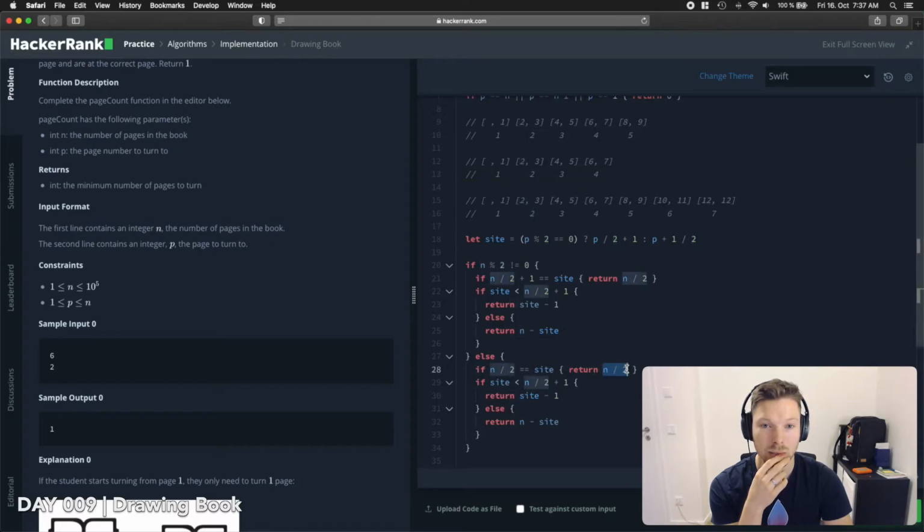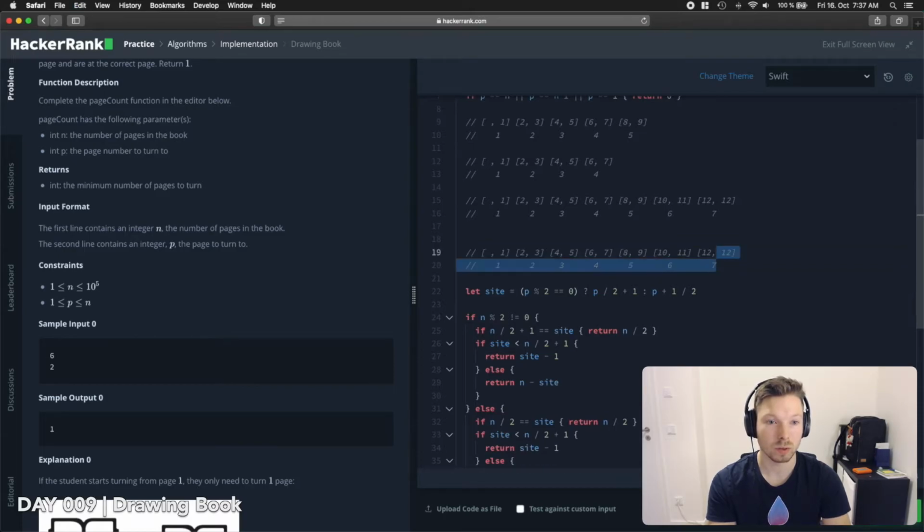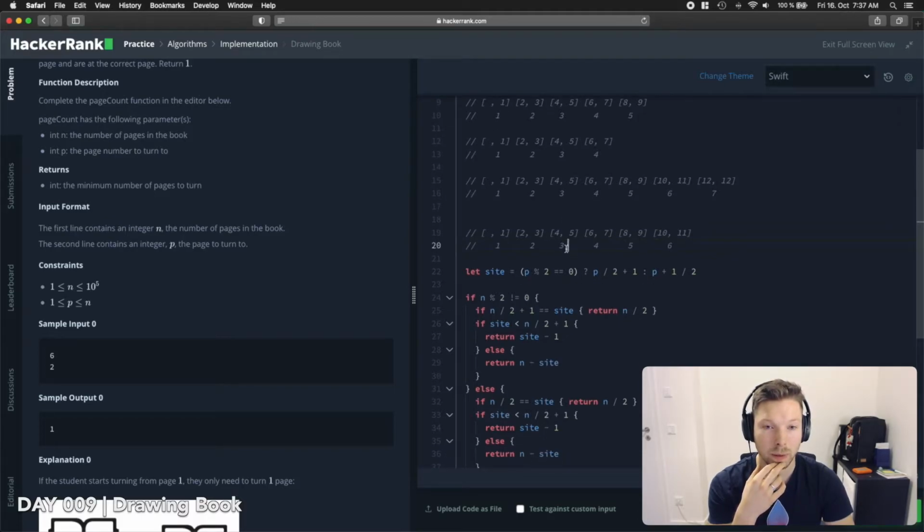That would mean here, for example, let's also do an example with 6. N divided by 2 is 3, and that might be equal to side, and we want to have how many turns? Side minus 1, right? This is 1, 2 turns.